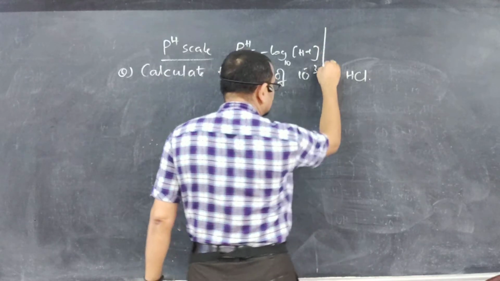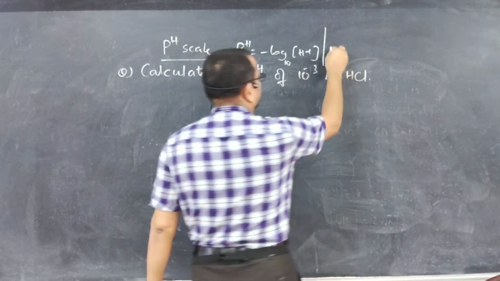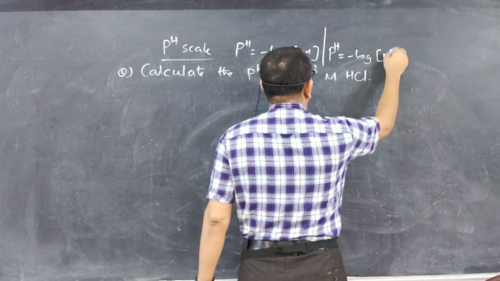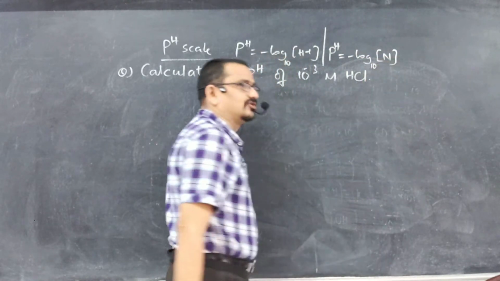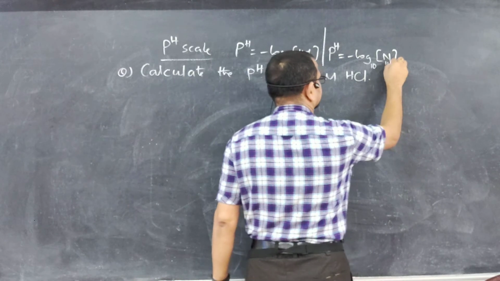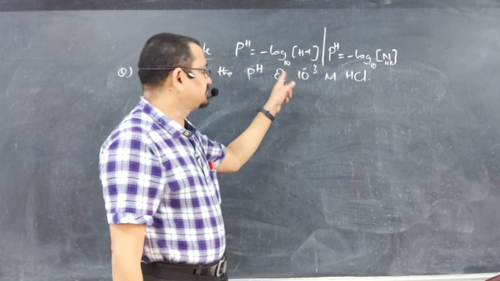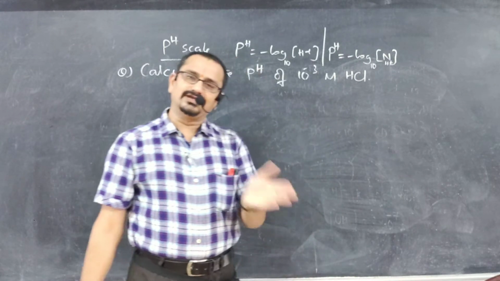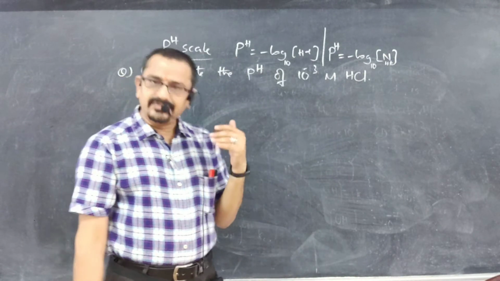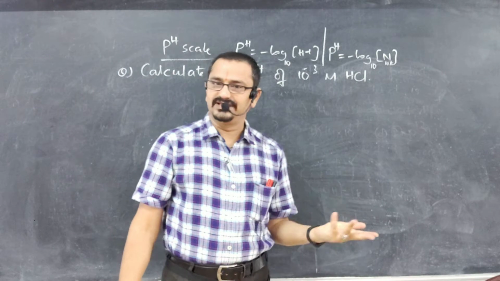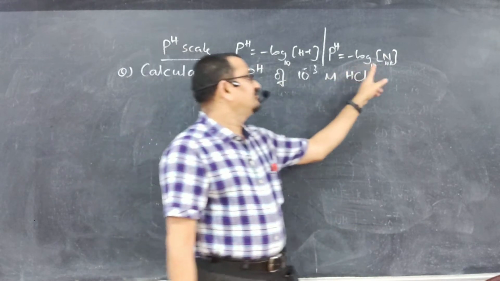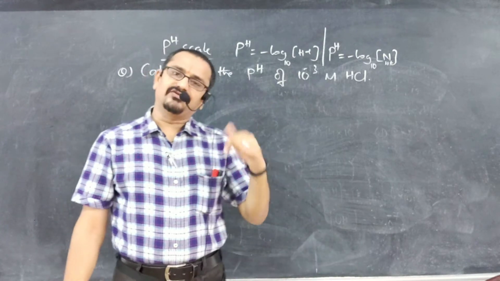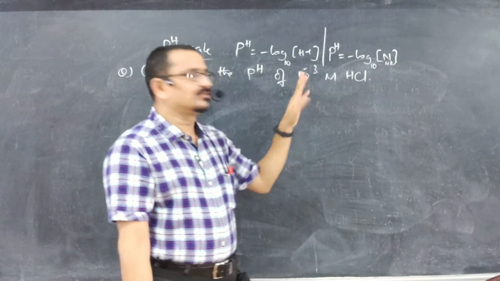And you should also remember one point: pH can be expressed as the negative logarithm of the normality of H plus ion concentration to the base 10. Even though it is given in molarity for dibasic, tribasic or polybasic acids, finally we have to take it in the form of normality only, after multiplying with the coefficient.